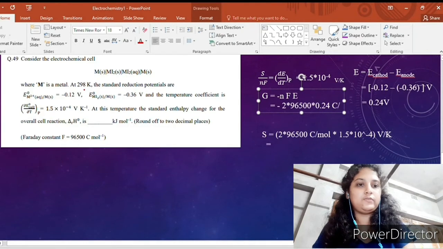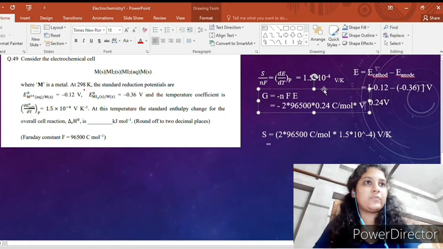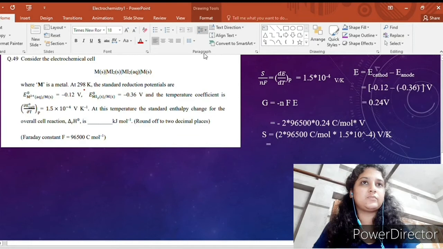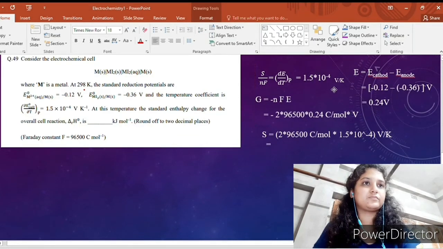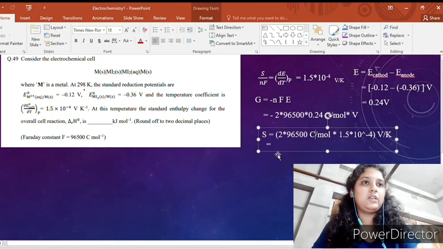The unit for F is coulomb per mole and the unit for voltage is V. So this is the value of del G. Now don't calculate it now. We can calculate only the value of del H.